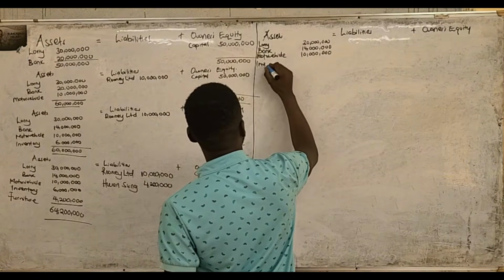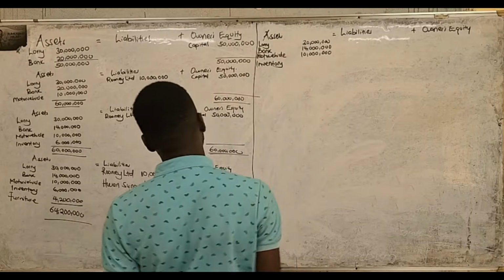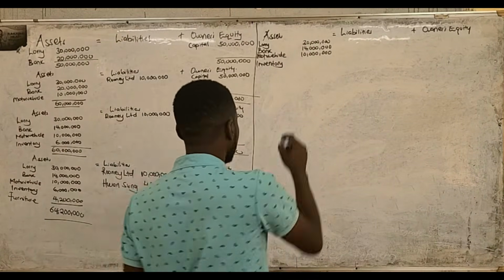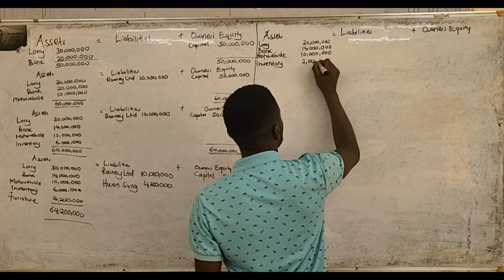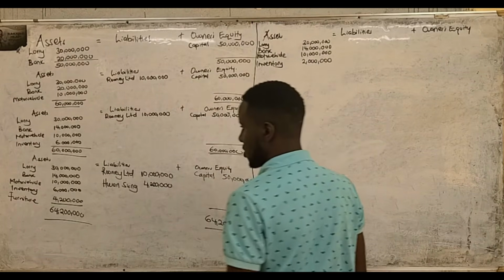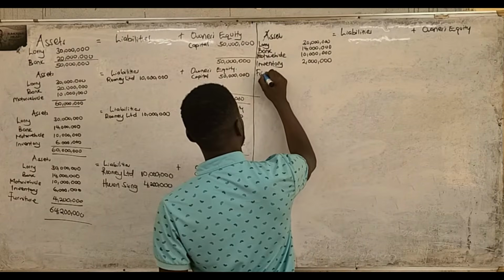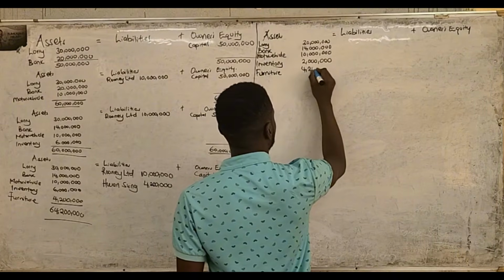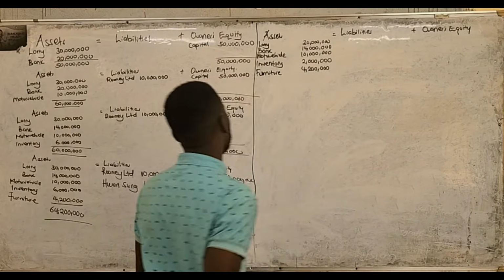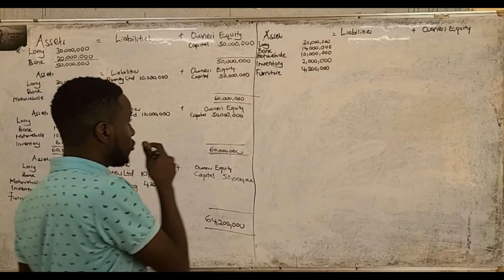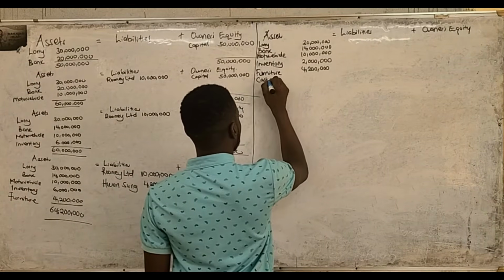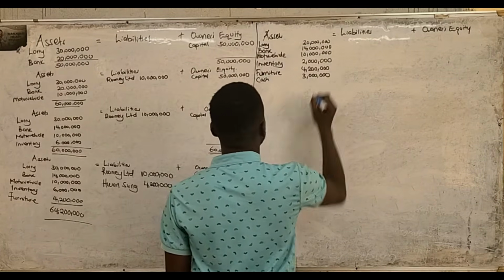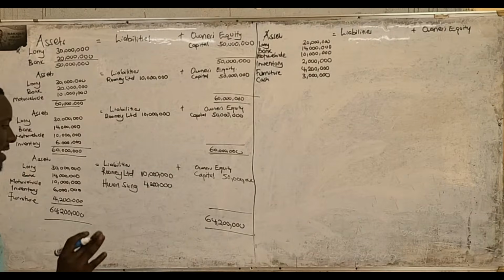If it was 6 millions, then 2/3 of it is 4 millions. That means we are remaining with 2 millions. So you come here and say 2 millions of inventory. Then we bring in our furniture. Our furniture is 4 millions 200,000. Then when we sold the inventory, we received cash, and our cash was worth 3 millions. I hope that is really understandable.